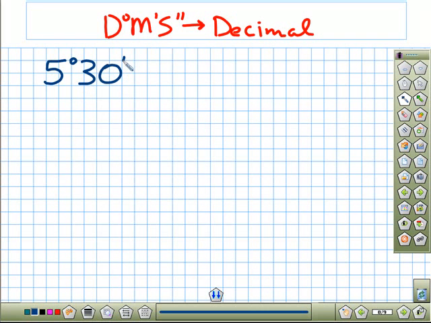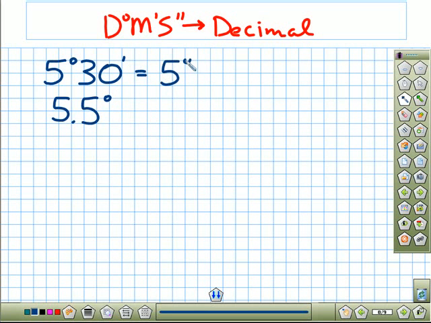Because we have 30 of 60, so this would be 5.5 degrees. That's probably obvious to most of you. There's 60 minutes, so that's half. But if we wanted to be more formal, if it wasn't so obvious to us, we could have done this.